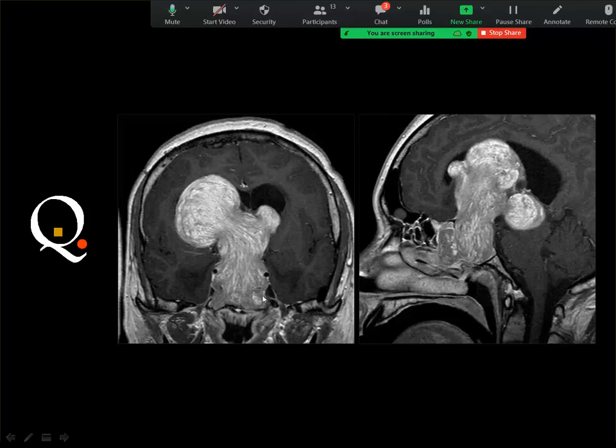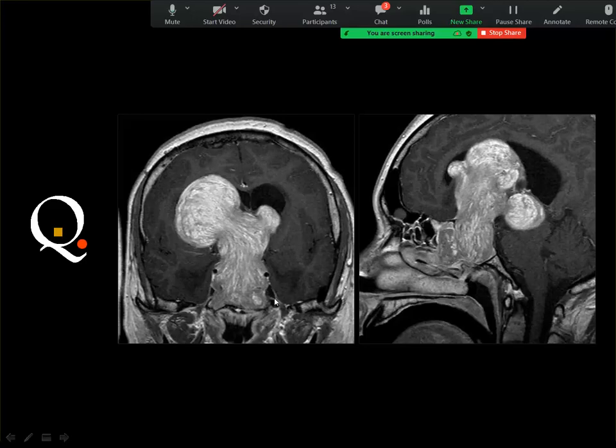But what's very important is the invasion of the skull base and the extension into the sphenoid sinus and even into the nasopharynx. At that time, you should say that this is an invasive type of pituitary adenoma.